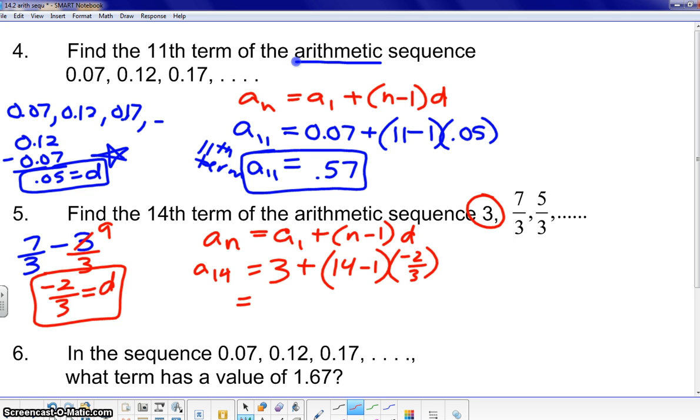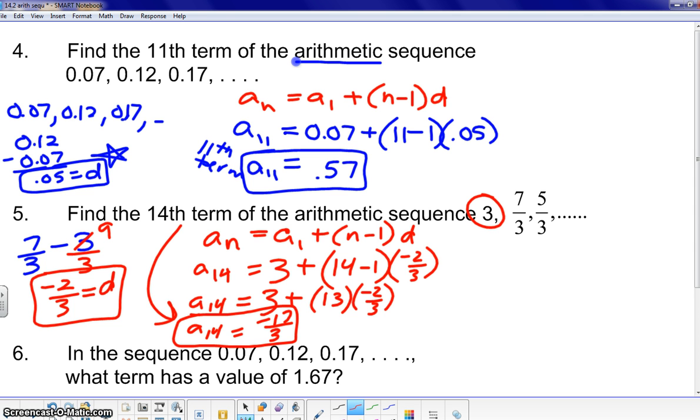All right, so then when you do the math, you end up getting 3 plus 13 times 2/3. And after doing order of operations, you end up getting -17 over 3. So again, this is describing what the 14th term is. A sub 14 describes the 14th term. Okay, so let's go on to the next one.